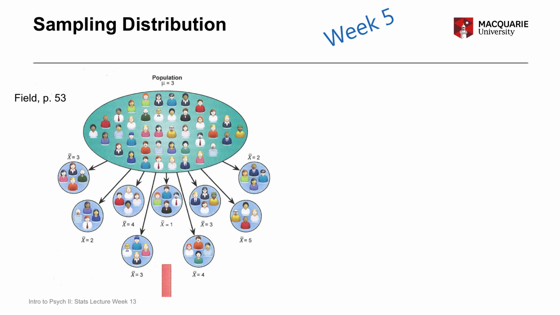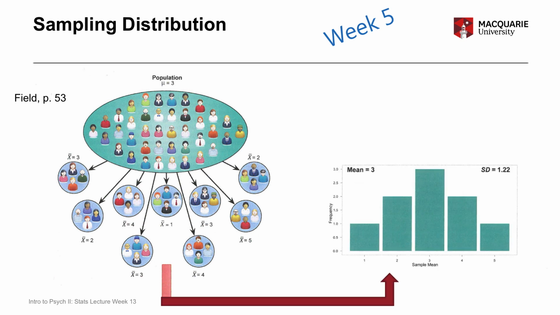So some samples might have an average of 3, some samples might have an average of 2, some might have an average of 5, some very sad samples might have an average of only 1 coffee a day. That's sampling variability. That's the idea that even if a sample is representative, there's always going to be slight differences between the samples. But then once you take all the samples together, you're going to be able to approximate what's actually happening at the population level.